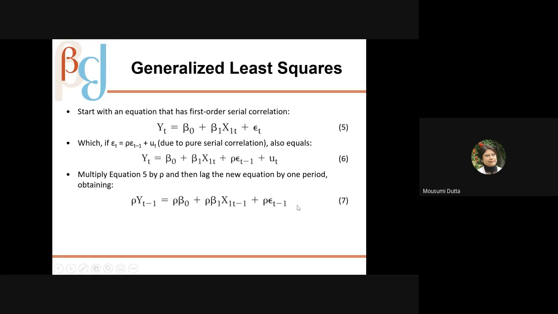So start with an equation that has first order serial correlation. The equation is given by y t equals beta naught plus beta 1 x1 t plus epsilon t.